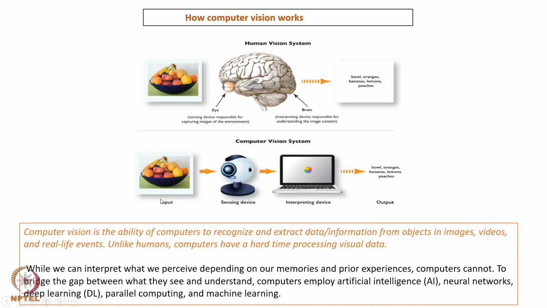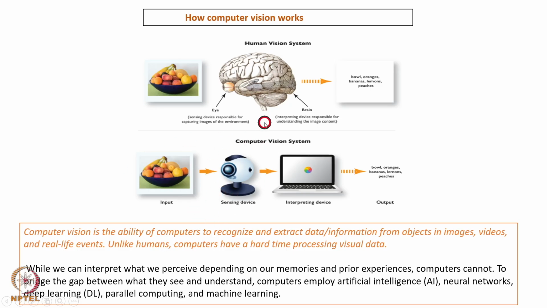So if I like to define based on this picture, computer vision is the ability of computers to recognize and extract information from objects, images, videos, and real life events. Unlike humans, computers have a hard time processing visual data, because we do everything naturally as it is inbuilt in our system, while a computer has to process this data.